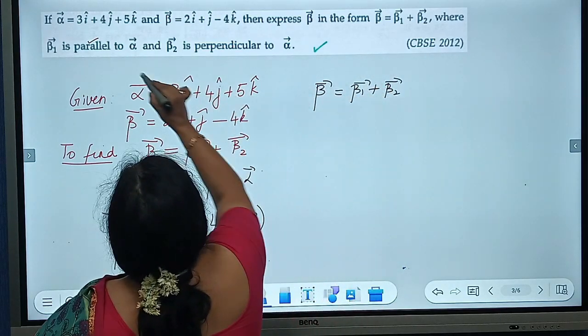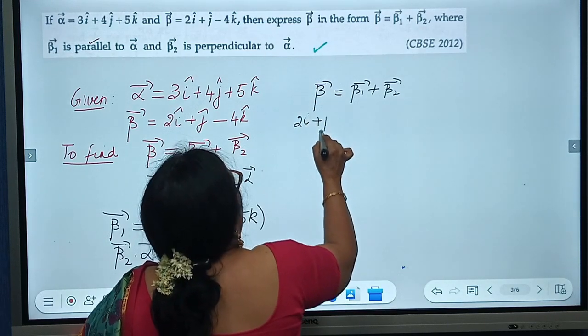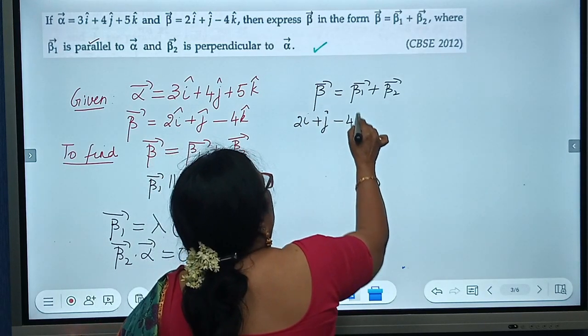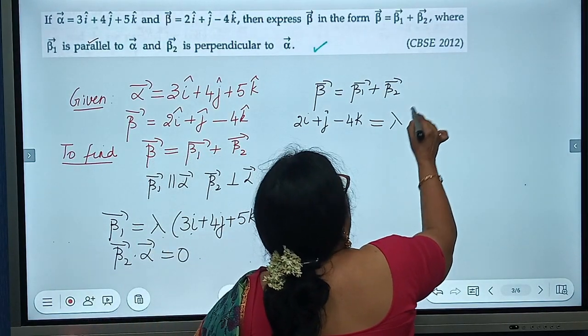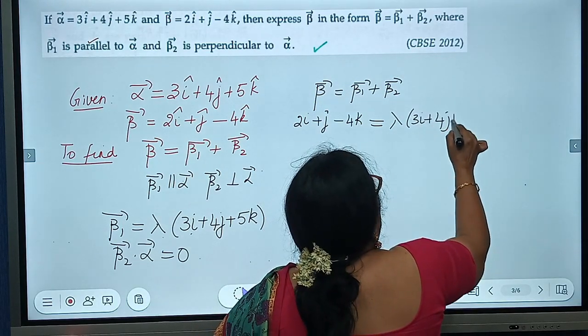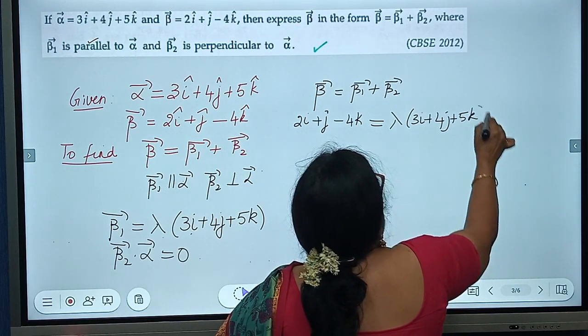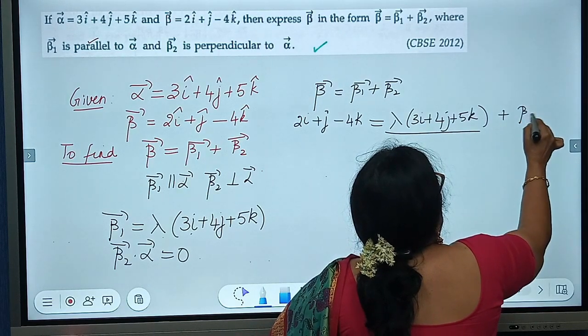Now, what is beta vector? Given 2i plus j minus 4k is equal to lambda times 3i plus 4j plus 5k. This is your beta 1 plus beta 2.